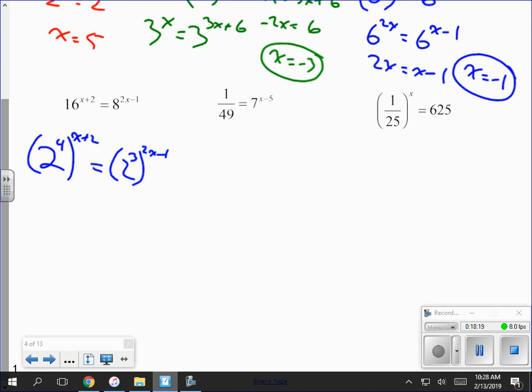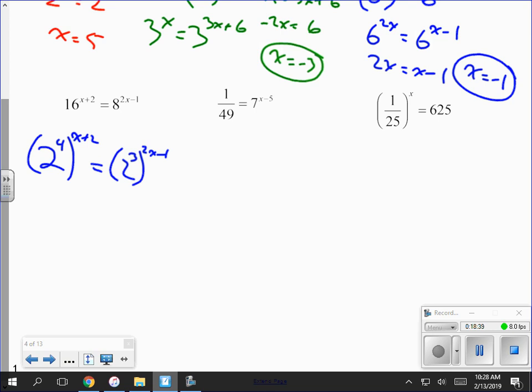I rewrote 16 and 8 as powers of 2. I have the same base. They're both powers of the same number. I had to change both of them this time, because 8 to some power is not 16 or vice versa. I can't change just one of them. I have to change both.